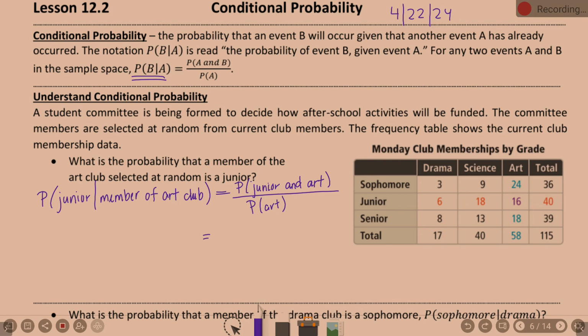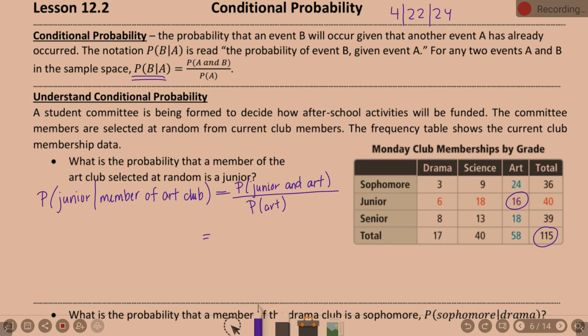Okay. So, probability that the student is a junior and in art. So probability that both is true. What do you see here? Okay. 16 students are juniors and in art out of 115 in total, yes?